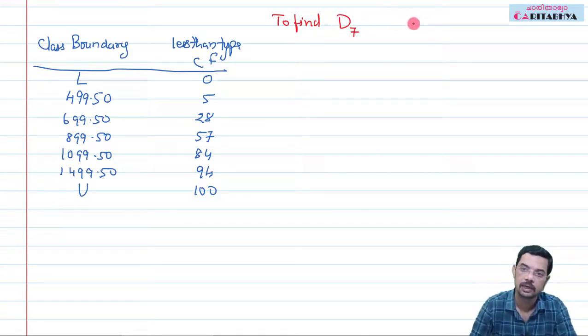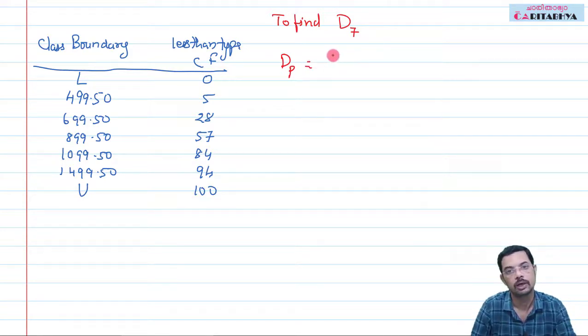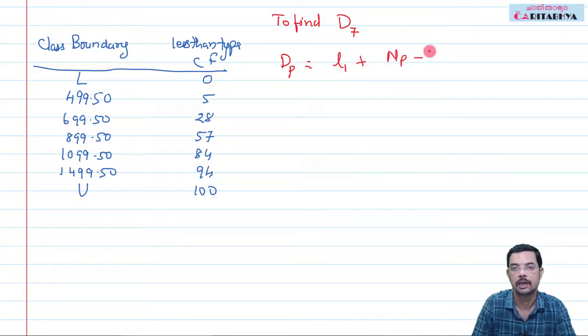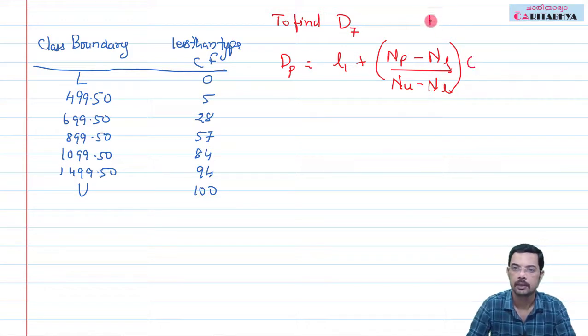We first find, what is the formula? The formula is the same. The pth decile, Dp, will be equal to L1 plus NP minus NL divided by NU minus NL into C, where NP, here, P is the seventh decile.